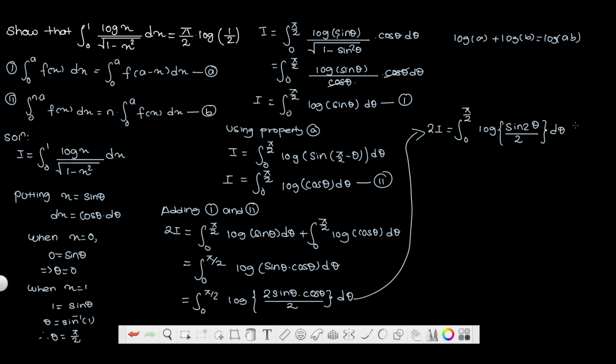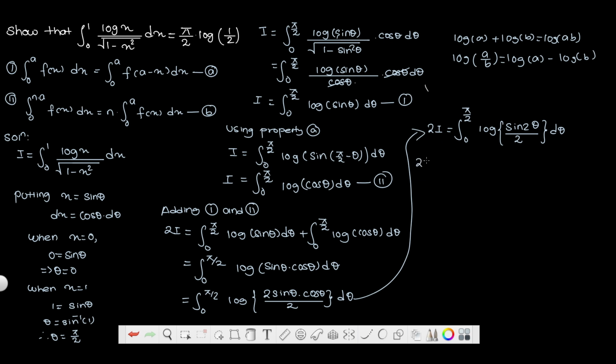Now we have solved our question up to this point. Now again what we have to do is another property of logarithm, that is log a by b equals log a minus log b.